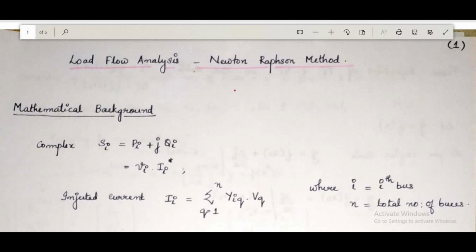This method is quite easy compared to Gauss-Seidel method. So many steps are also involved here, but it is quite easy and error-free compared to Gauss-Seidel method. Now let's analyze what is the mathematical background of Newton-Raphson method or NR method.